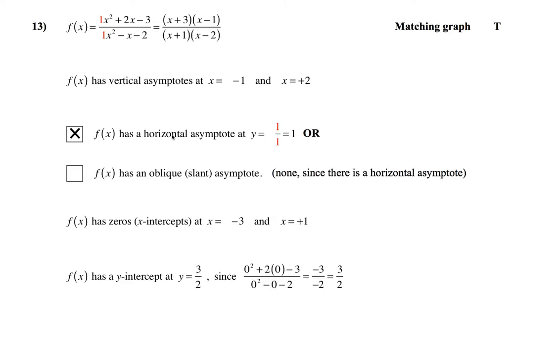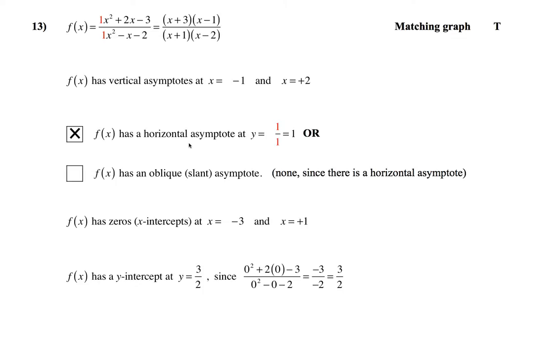Then, in the next part, we're asked whether there's a horizontal or an oblique or slant asymptote. You can't have both. You can only have one or the other. So the degree of the numerator is the same as the degree of the denominator, and that means we will have a horizontal asymptote. So I've checked the box to indicate we have a horizontal asymptote.